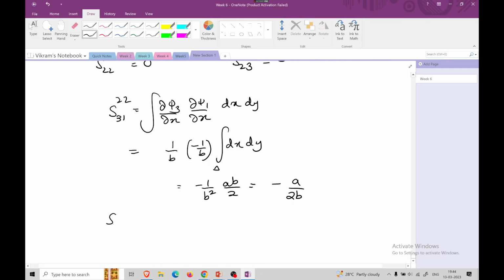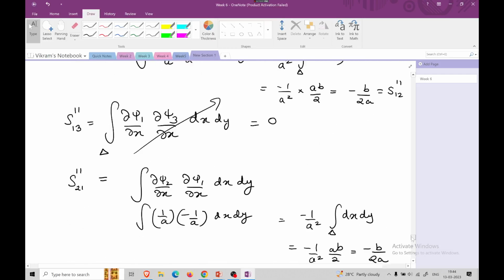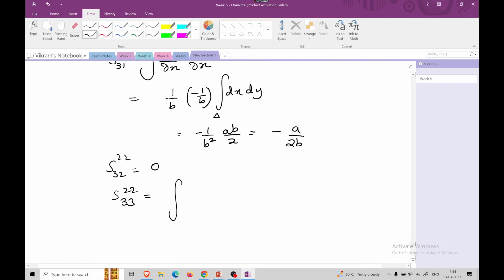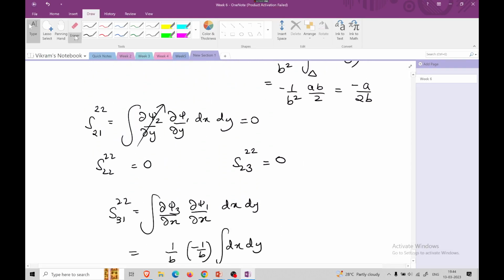And S32 will be 0 because it involves dou psi 2 by dou x. S33 will be dou psi 3 by dou x into dou psi 3 by dou x. What is dou psi 3? 1 by b. It will be dou psi 3 by dou y into dou psi 3 by dou y. I think here also this should be y actually.